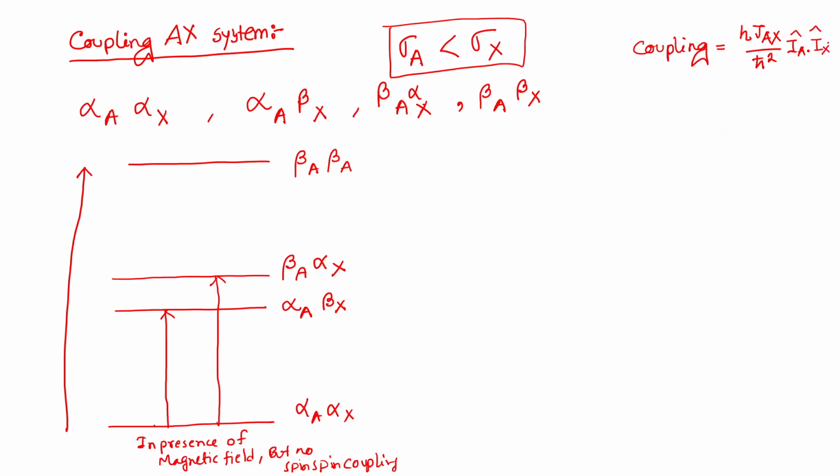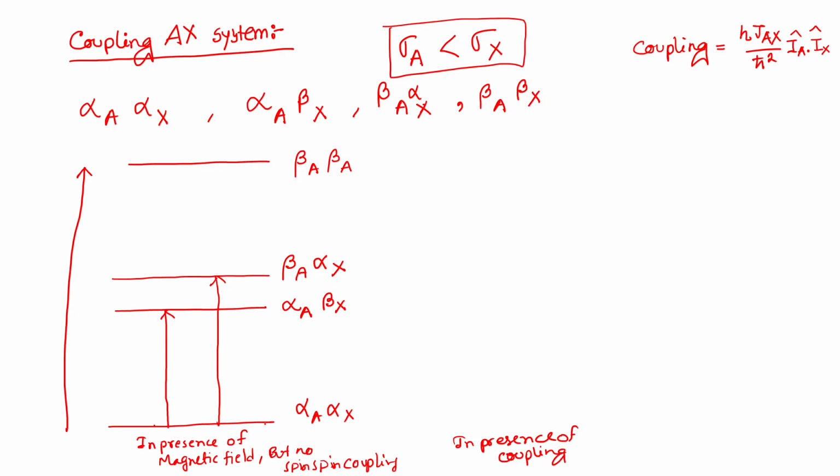I'm not going deep into this today because we are going to do the quantum mechanical treatment on Tuesday. In presence of coupling, I'm giving you the result, and we will discuss how we got it the next day.